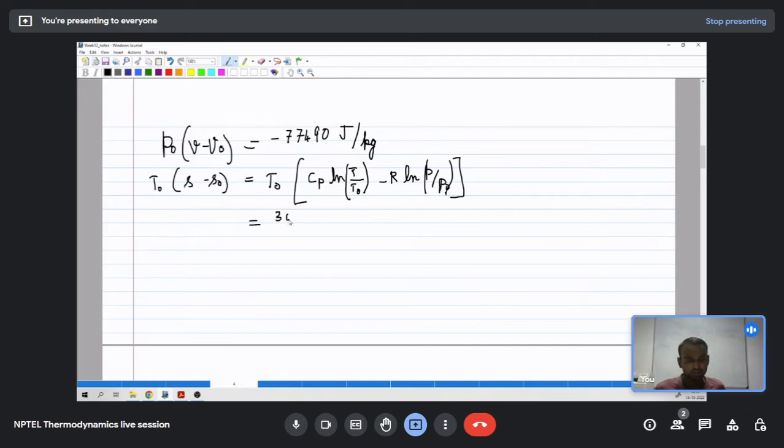So we have T naught as 300 Kelvin multiplied by minus R, which is 287, ln of P by P naught, which is 10 power 6 divided by 100 into 10 power 3. So we have 198,252 joule per kilogram.